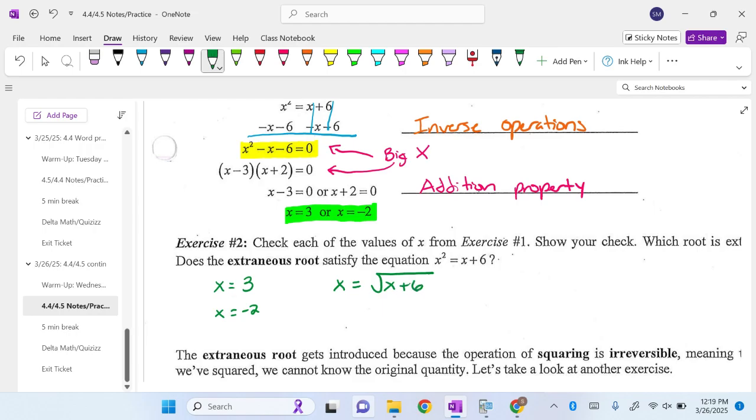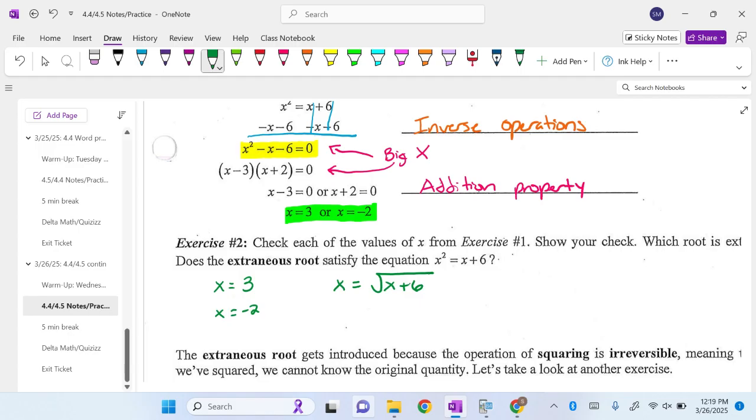Because remember, if it's extraneous, we would not be able to have what under the radical? A negative. Now, we can't have a negative under the radical. What else has to happen?